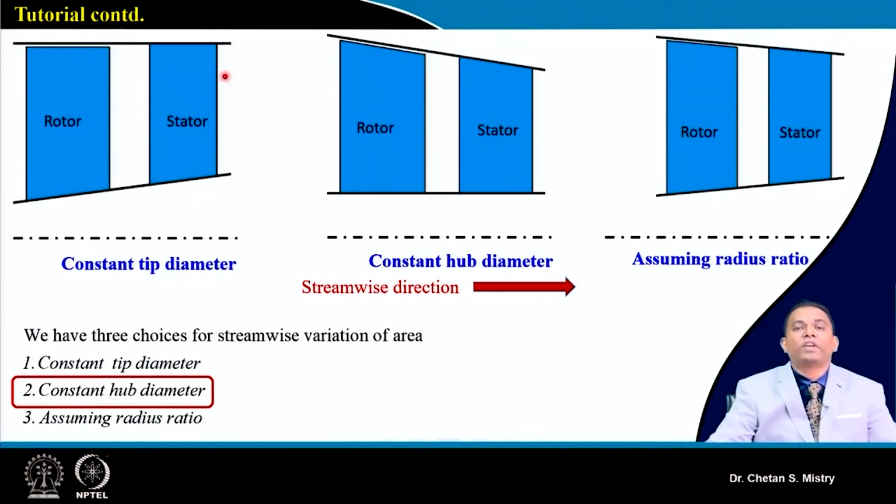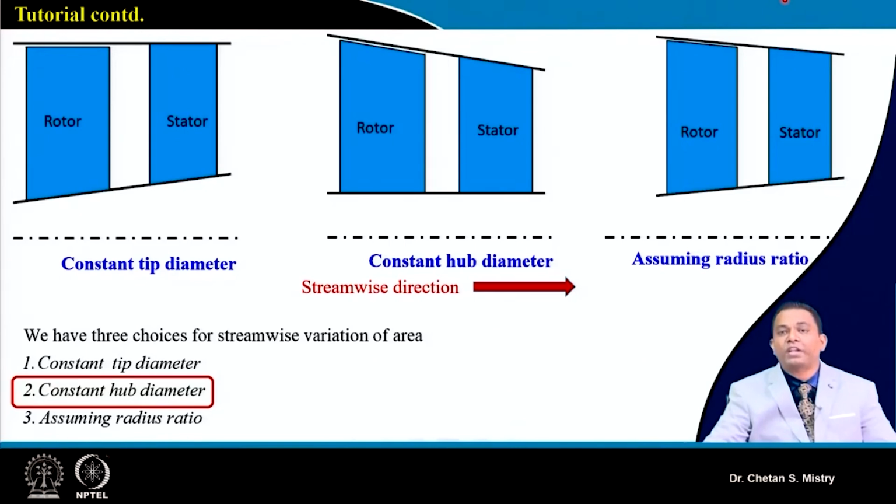There is a second possible configuration, in which we maintain the hub diameter constant. In order to satisfy the continuity equation, the flow passage will look like this, in which my tip diameter decreases towards the exit of the stage.